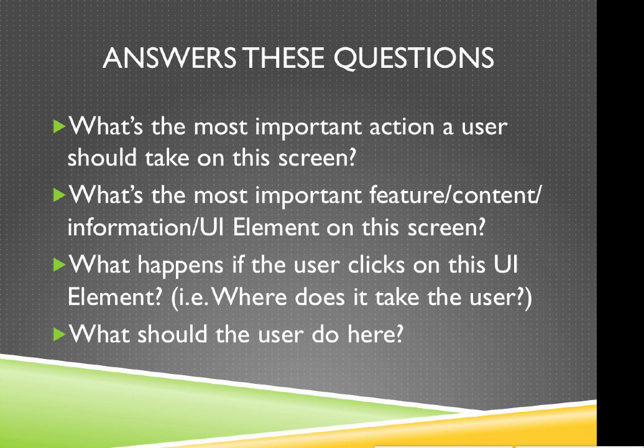What is the most important UI element? Where does each UI element lead the user? So this is part of understanding the app flow. If you press a button, you definitely want to demonstrate where that user is going to be taken. That's what I refer to as app flow.